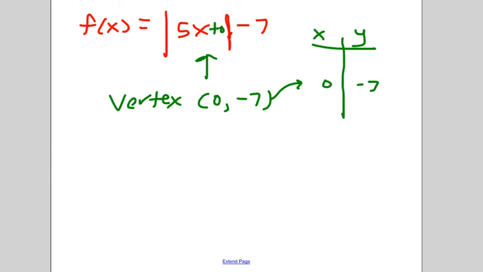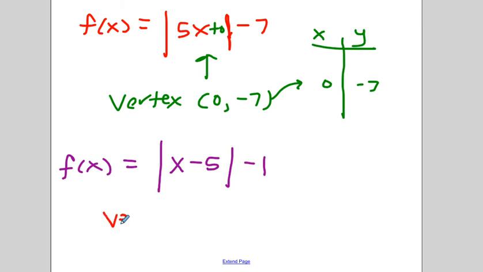What if you have this? Okay, to find our vertex for this one, remember it's always the opposite of what you think on the inside, so it's minus 5, so it really means we're going to the right 5, so it's positive 5, and then this stays the same, negative 1.